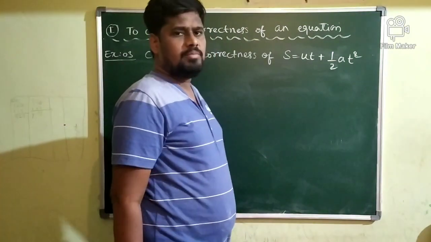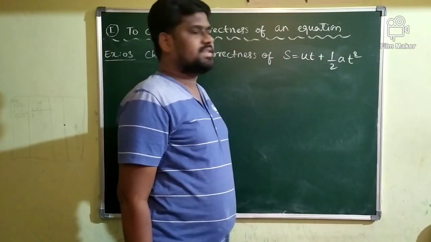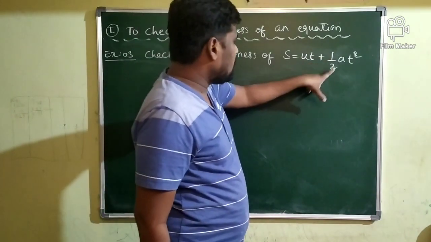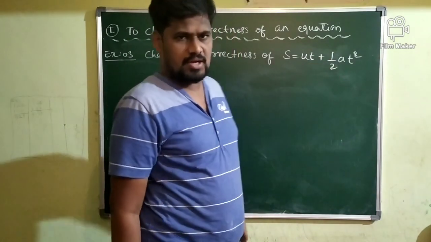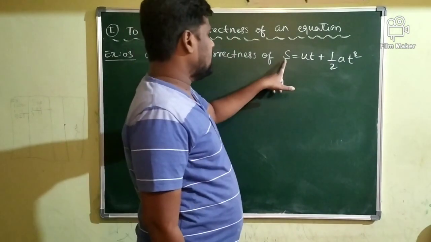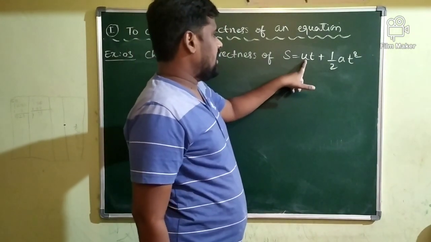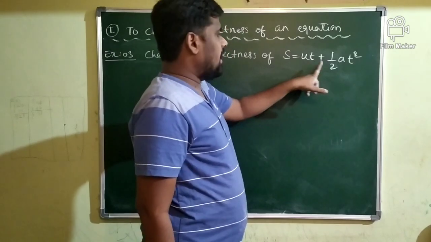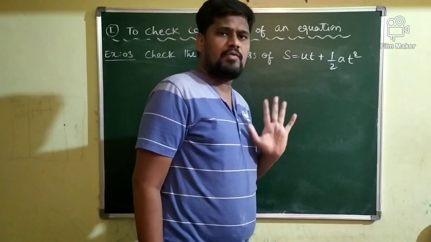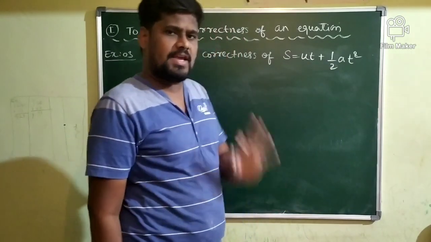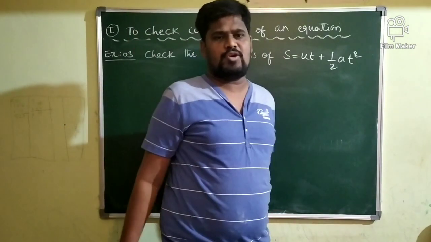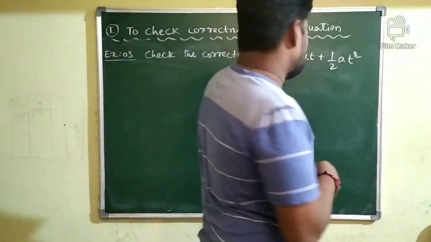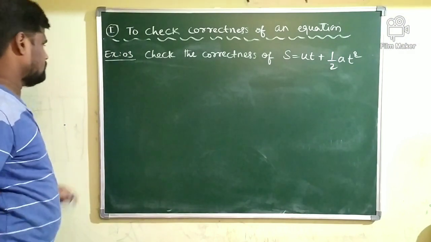S is the first term, ut is the second term, half at square is the third term. If the dimensions of S, ut and half at square are the same, then this equation is said to be a correct equation. Okay? Come to the solution now.